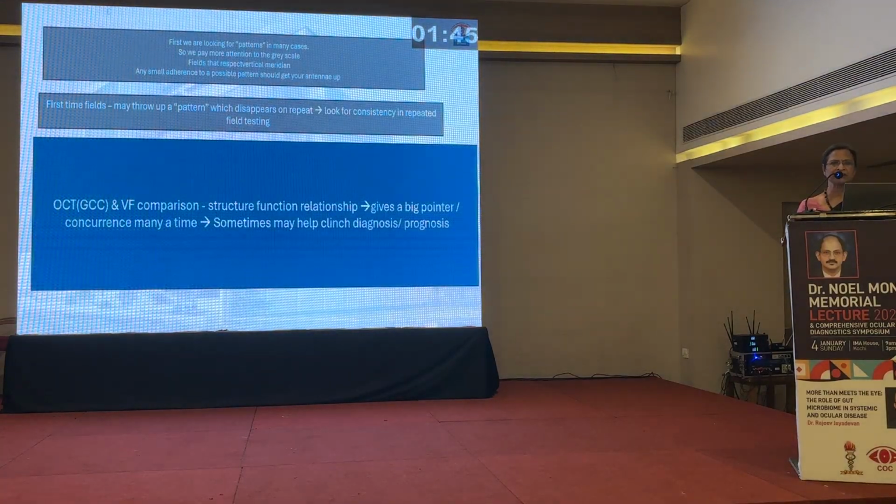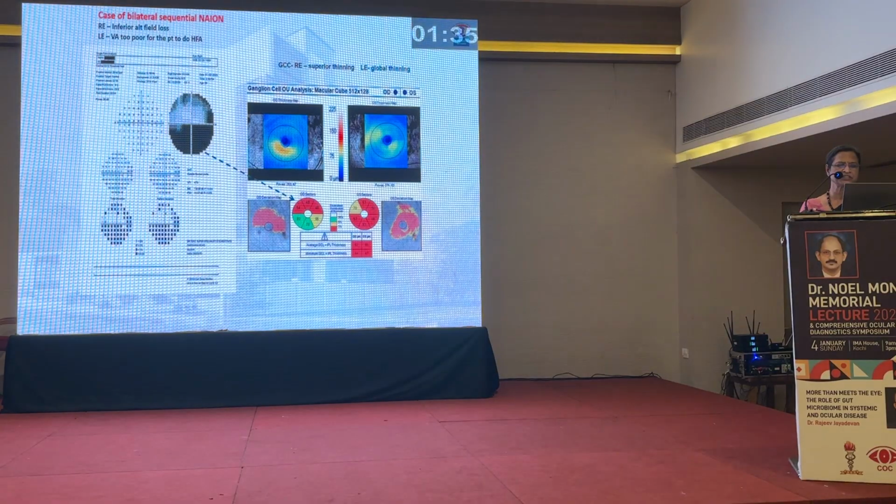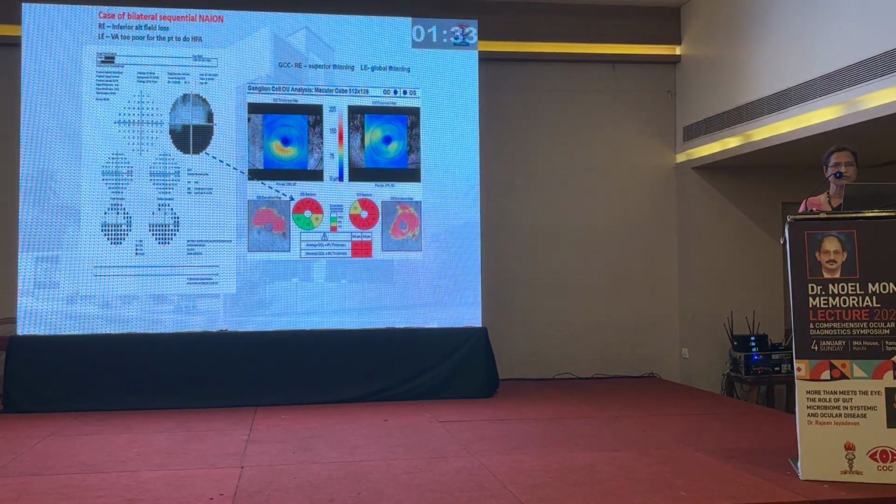The next point I was talking about is this correlation between the ganglion cell complex of the OCT and visual field, that is the structure-function relationship. Here is a case of bilateral sequential NAION. The patient came to us with sudden fall in the visual acuity in the right eye, and he already had a poor visual acuity in the other eye.